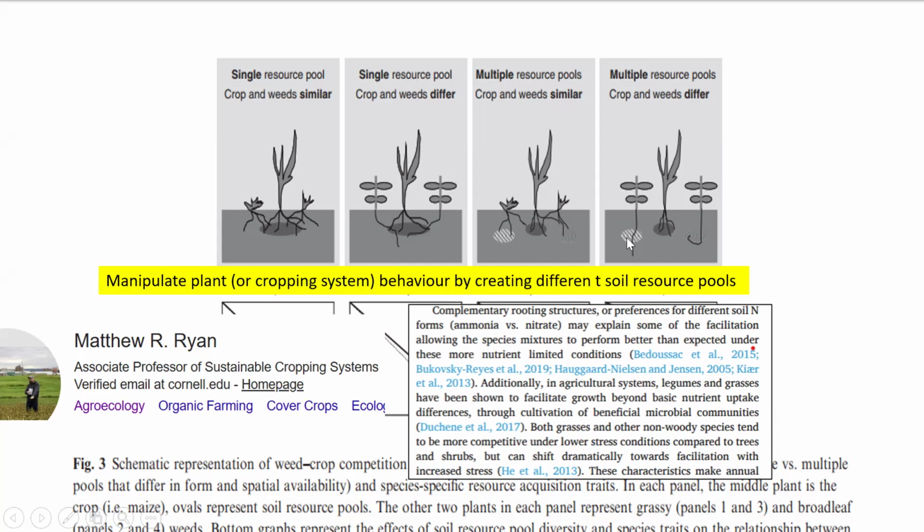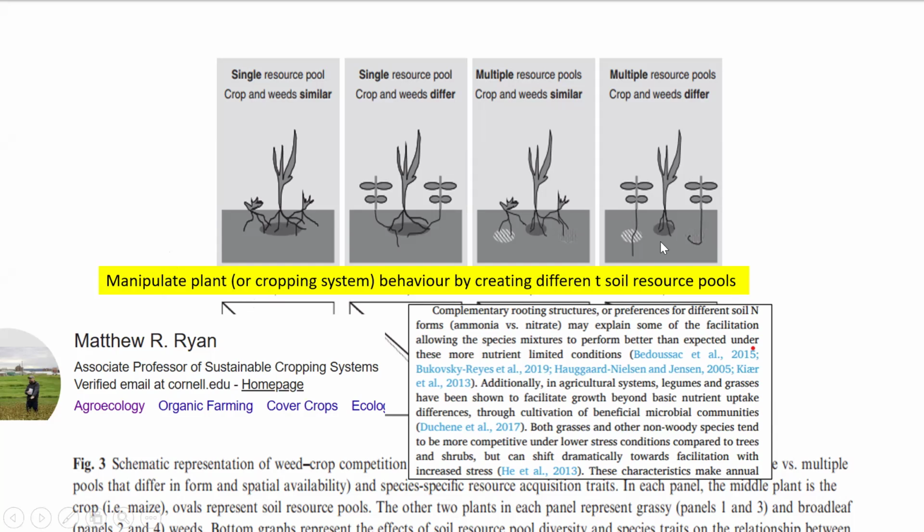Okay, so now how do we achieve those different resource pools? Well, I mentioned we could look at fertilizer and manure and the soil organic matter. All three of those are resource pools. We could also manipulate them by where we place those nutrients. And over the long term, we can manipulate the cropping system to provide different resource pools.